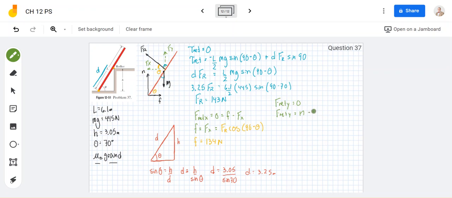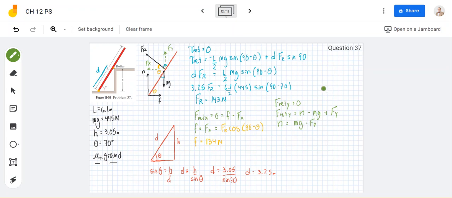Minus the weight. But plus the roller force in the y direction. So therefore, if I want to solve for my normal force, it's going to be equal to the weight minus the roller force in the y direction.